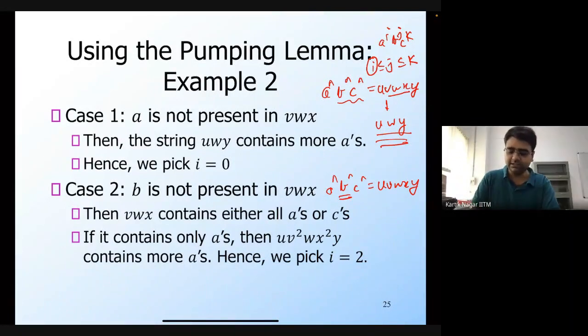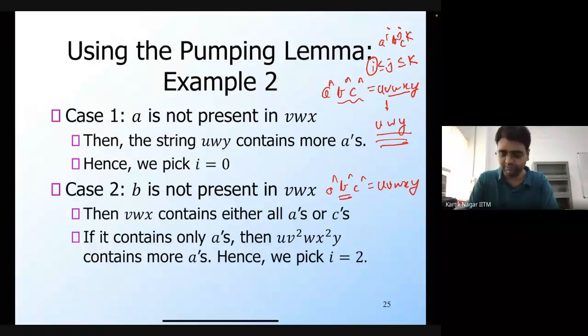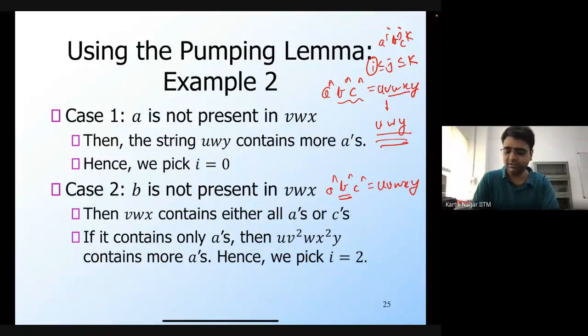Now let's consider the other case where vwx only contains c's. If vwx only contains c's, then what can I do? Yes, pump down, that's correct. Since vwx only contains c's, vx only contains c's.